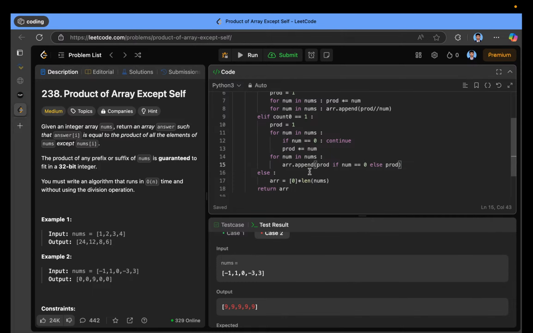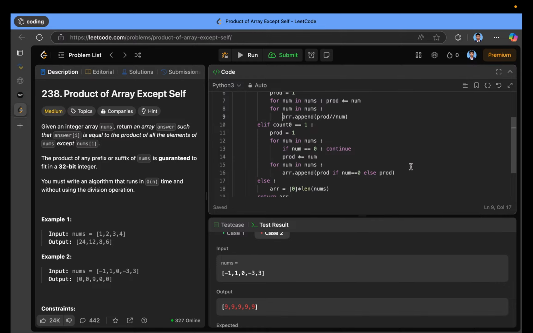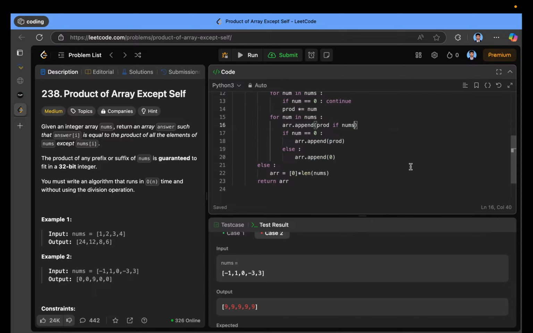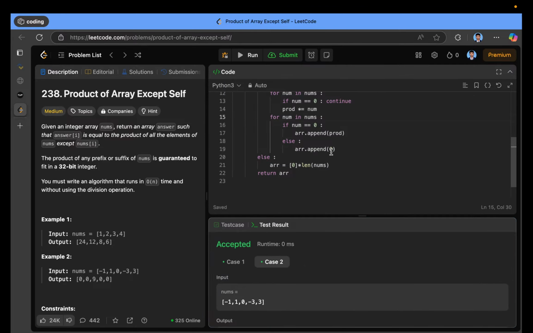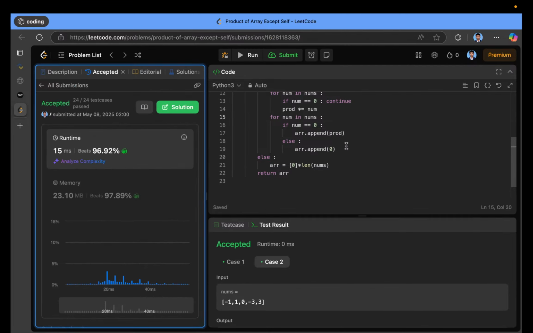Why is this statement not working as I want? Let's go with the previous one. I don't know. Okay, forget it. It works, then it works.